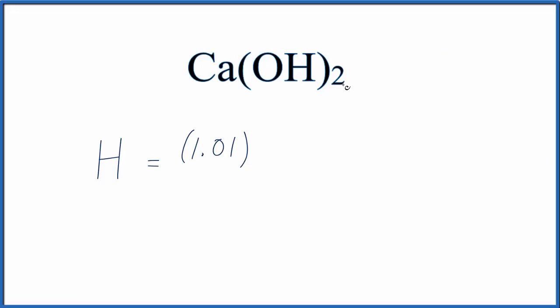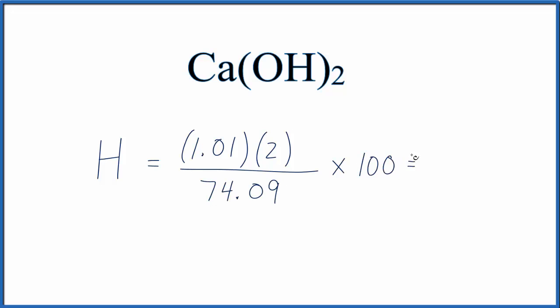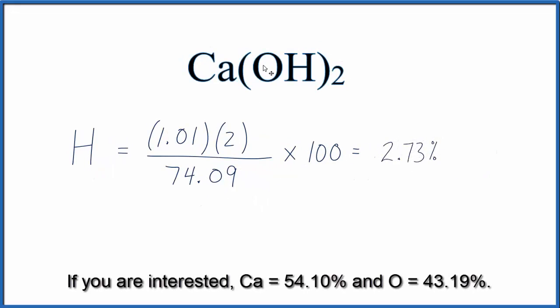We have the 2 oxygens, but we have 2 hydrogens. So we multiply this by the subscript there, 2, and we divide the whole thing by the molar mass of calcium hydroxide. We multiply that by 100, and we find the percent composition for the hydrogen in the calcium hydroxide to be 2.73%. You'd calculate the oxygen in the same manner, and then you could calculate the calcium.